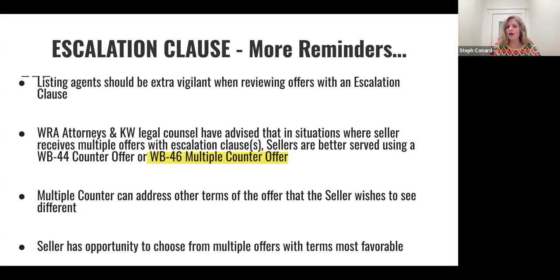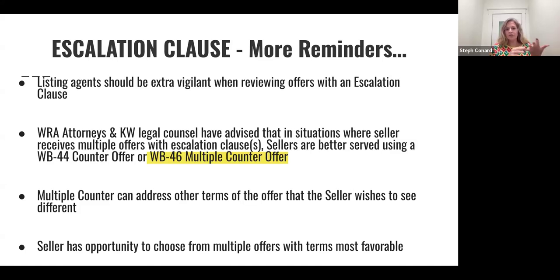So you could pick one offer, counter what the price would be, and just proceed with that one. Or if you want to put multiple counters out there to multiple buyers, that is a strategy as well.